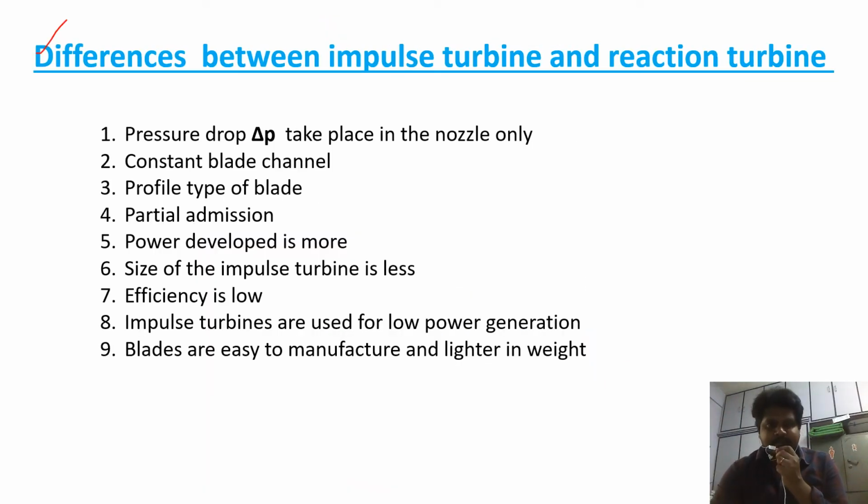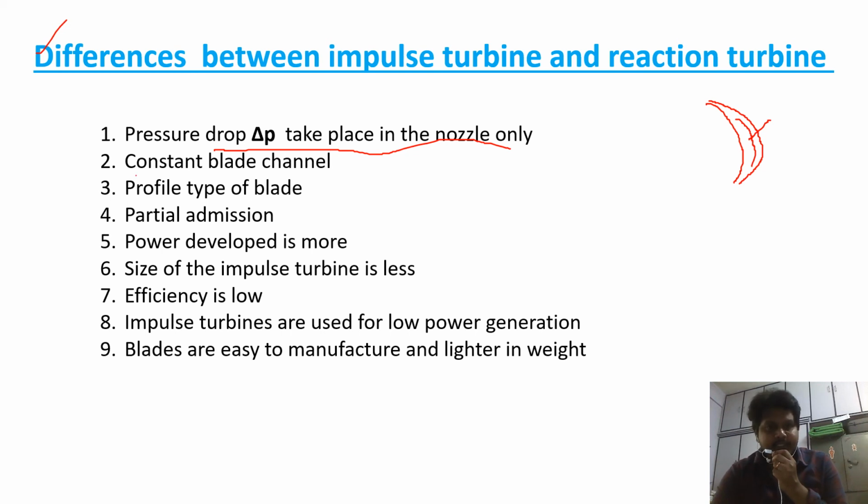Now let us see the differences between impulse turbine and reaction turbine. In an impulse turbine, the pressure drop takes place in the nozzle only. Whereas in a reaction turbine, the pressure drop takes place in the blade also. When steam flows over the blade, here also a pressure drop takes place.